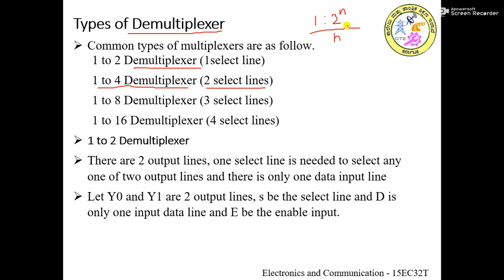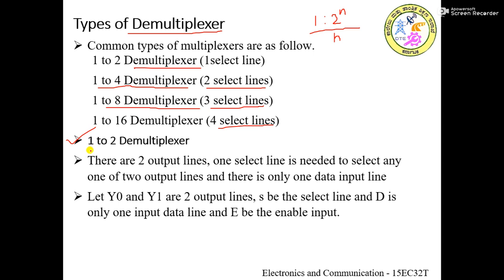And if you put n equal to 3, then another variant, that is 1 is to 8 demultiplexer, will be there with 3 select lines. And if you put n equal to 4, that will be called a 1 is to 16 demultiplexer with 4 select lines. Okay, first we shall see the 1 is to 2 demultiplexer.